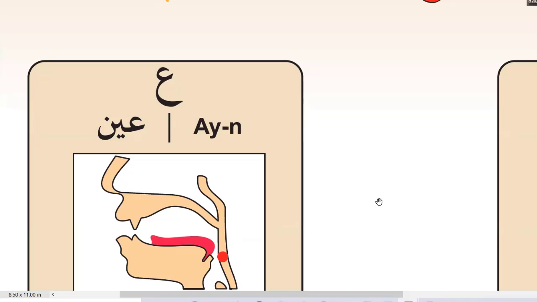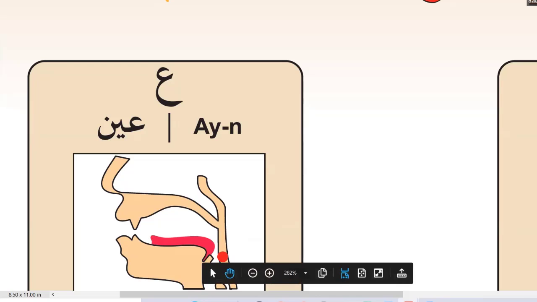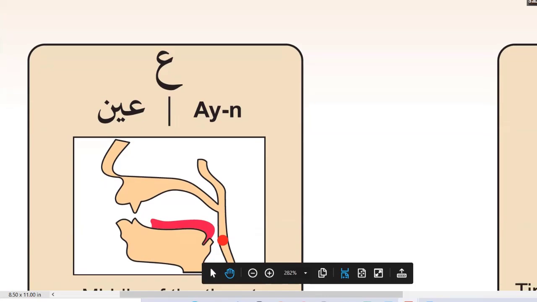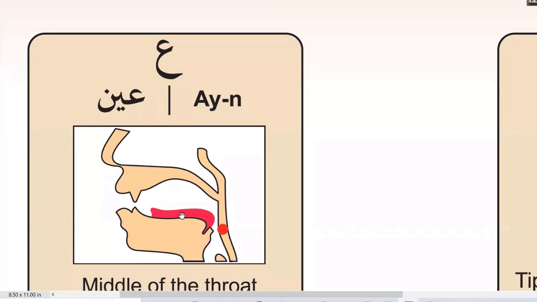The sound of this letter comes out from your throat, the middle part of your throat, and your tongue won't be involved. You can see the difference. Ain is a light letter, right? So your tongue would be relaxed. What would be your tongue position when you are pronouncing the Ain?